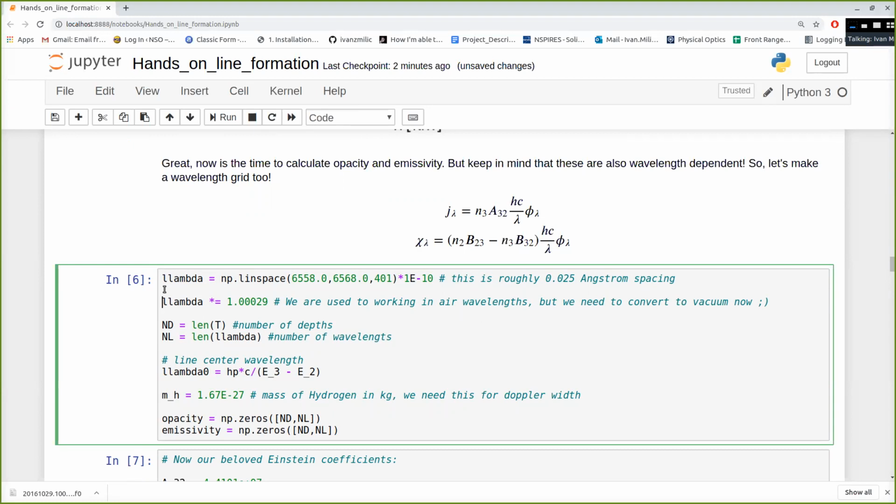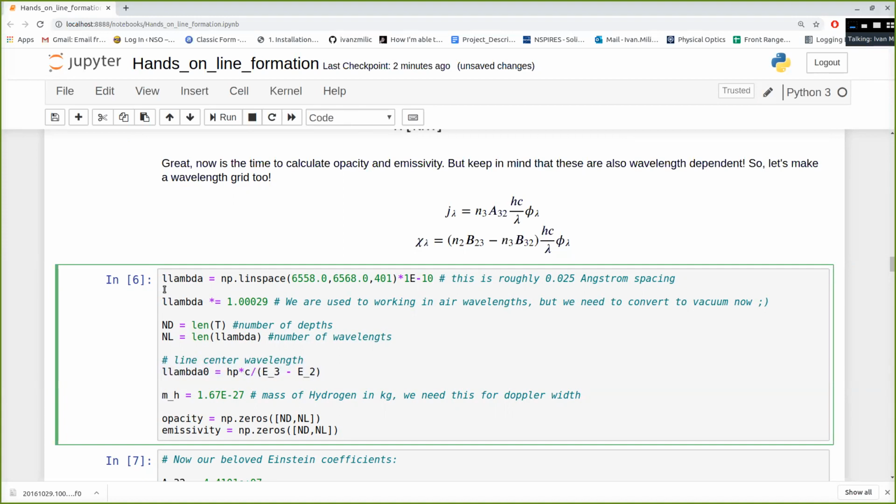Okay, I'm going to create these two variables, which are going to be two integers, saving basically the lengths of these two arrays. I'm going to calculate the line center wavelength, which is basically hp, which I use to denote the Planck constant, times c over the difference of energies in joules. And finally, there is the mass of hydrogen that we will need to compute the temperature broadening, right?